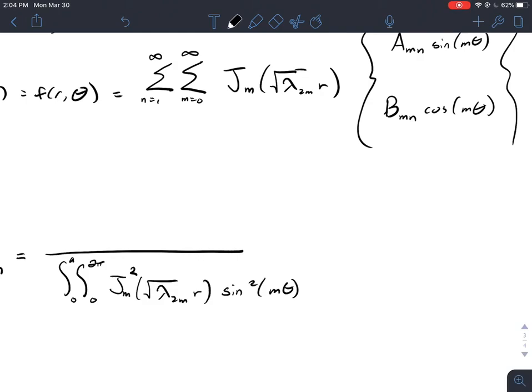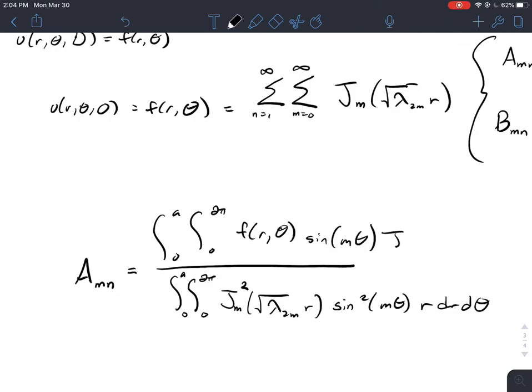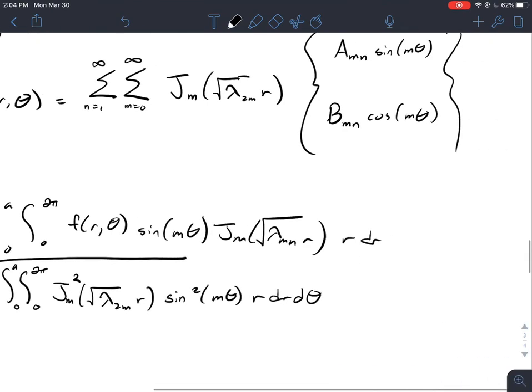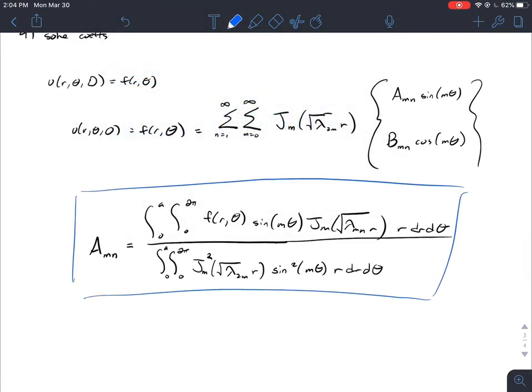Sine squared and the Bessel function squared, and remember that we're in polar coordinates, so we have to do r dr d theta. And then on the top, the integral of f of r, theta sine m theta J m lambda mn r dr d theta. And the coefficient for bmn will look very, very similar to this, except it'll have cosine terms here.